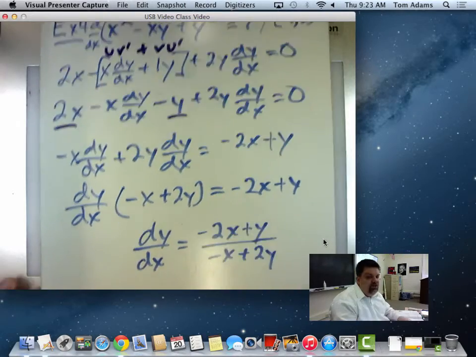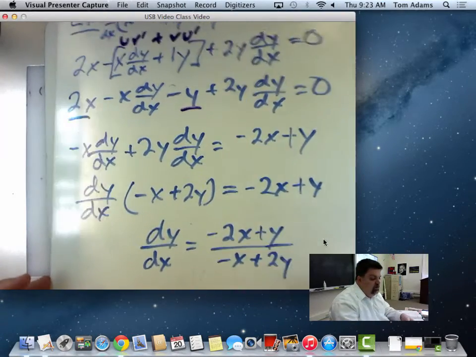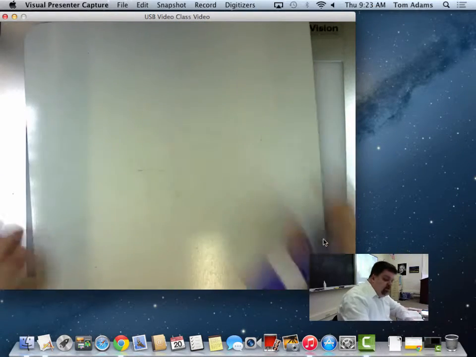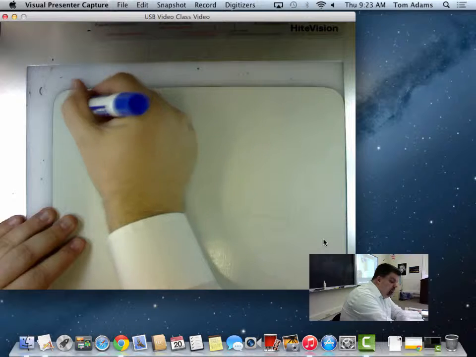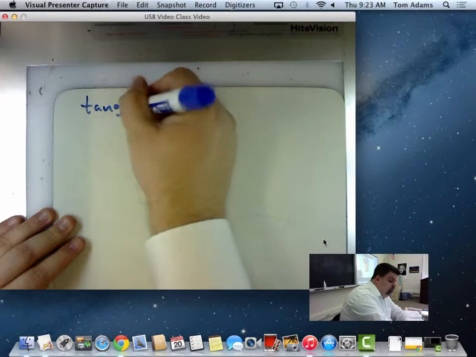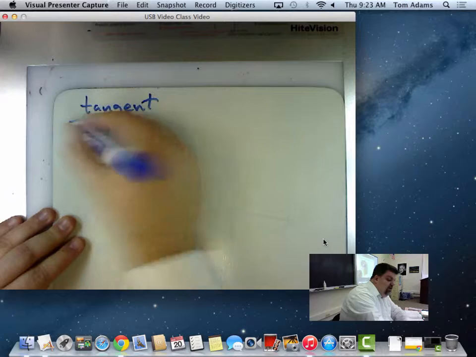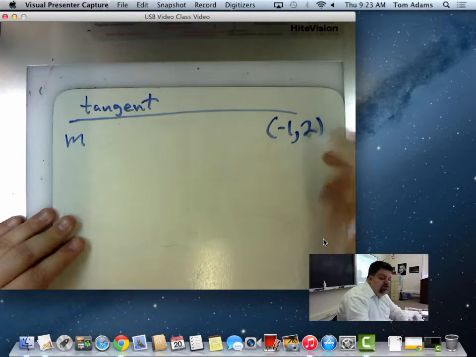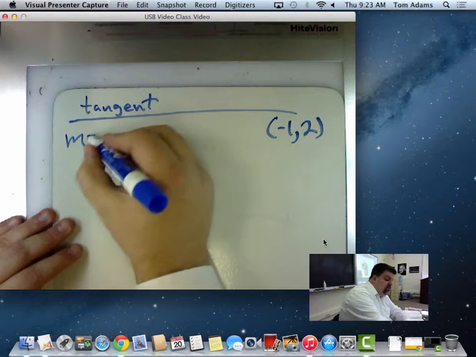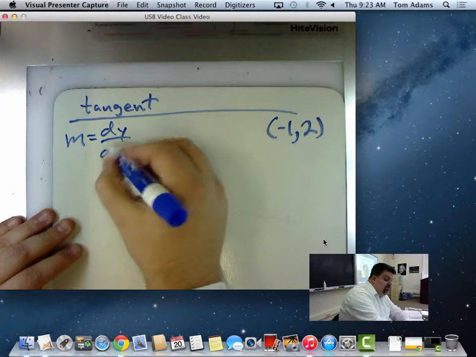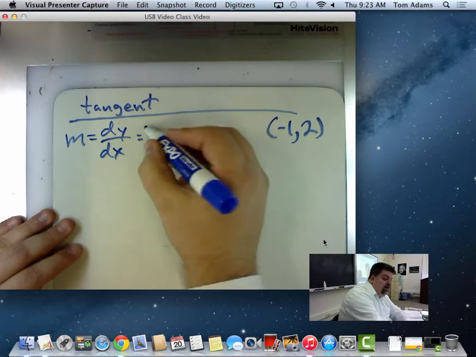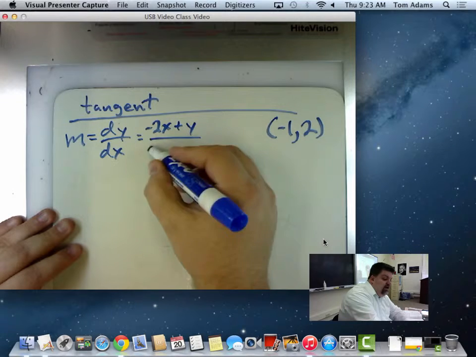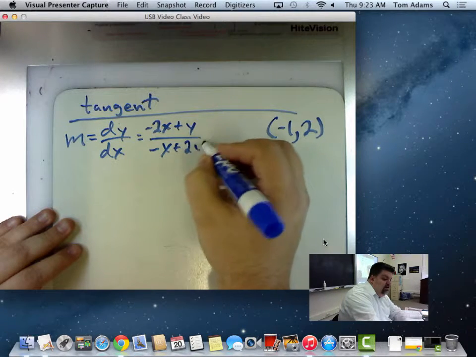Now what do I got to do to find the slope of the tangent line? Plug it in. So basically to do the tangent line, I need the slope and I need the point. And the point we have, because it was given to us, is negative 1, comma 2. So my slope is really dy dx, which is negative 2x minus y over negative x plus 2y.